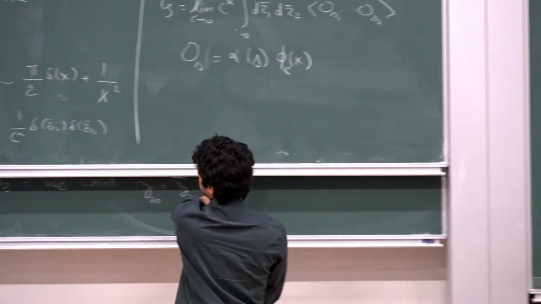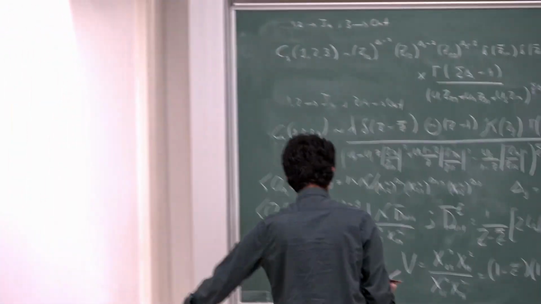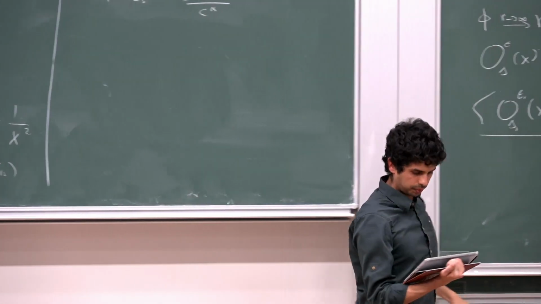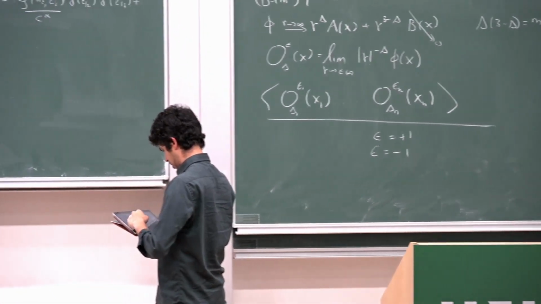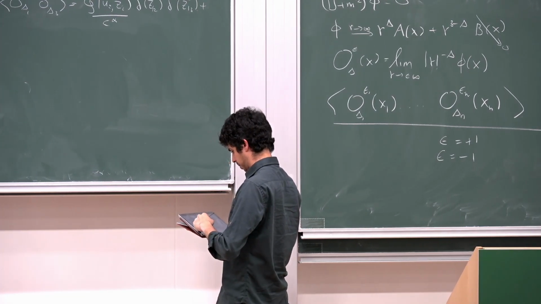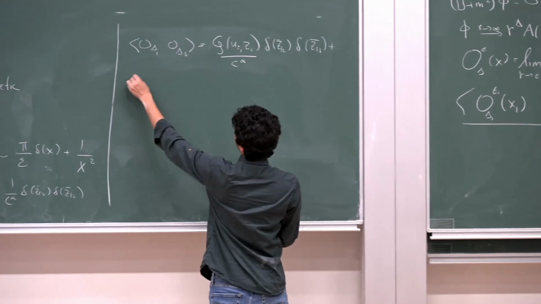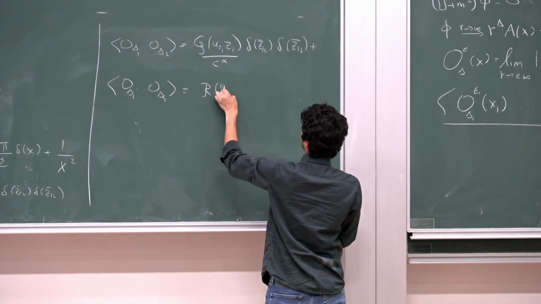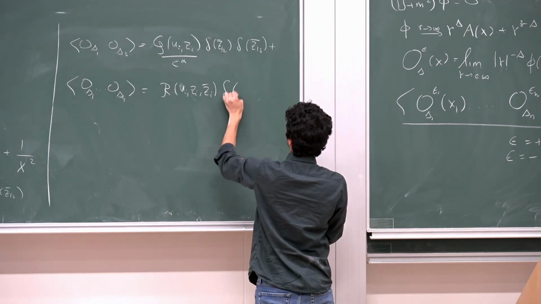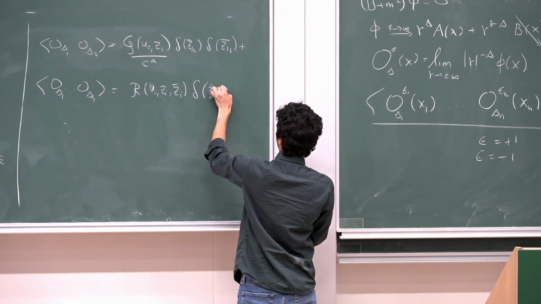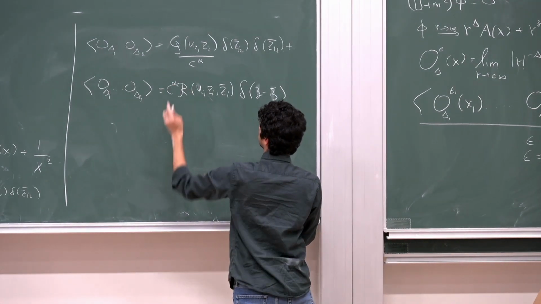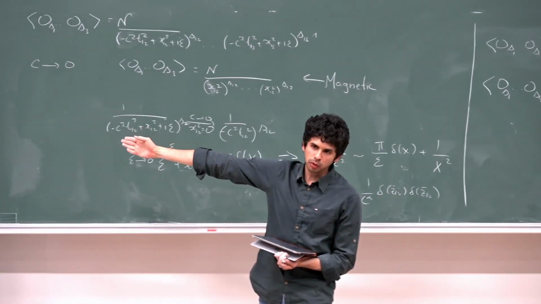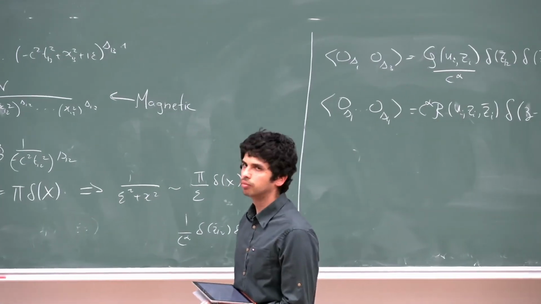And you can now make a similar ansatz to the 3-point case and write this as some R, and determine the function R just like I did in the previous case, and you'll find that it turns out to be exactly equal to the 4-point amplitude. Okay, I think I'll end here.